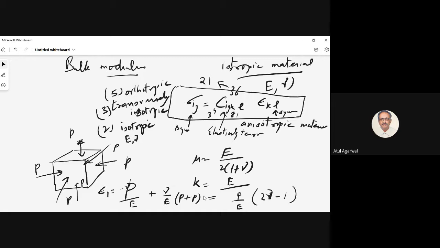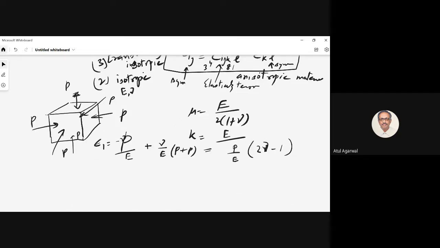All right. Similarly, you will have epsilon 2 and epsilon 3 of the same value. And there is something called volumetric strain, and that is the sum of these three normal strains. I will also explain it. So you will get a value 3p by E, 2 nu minus 1. Okay. So this is your volumetric strain.